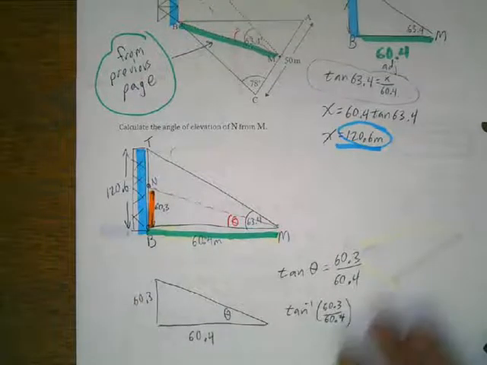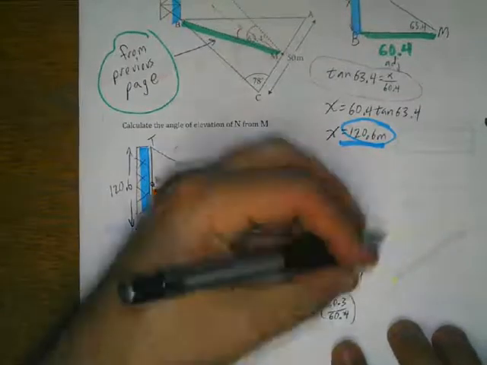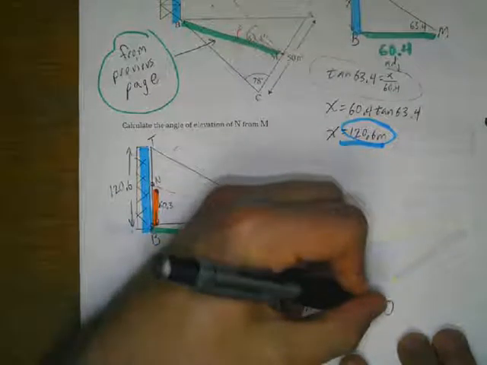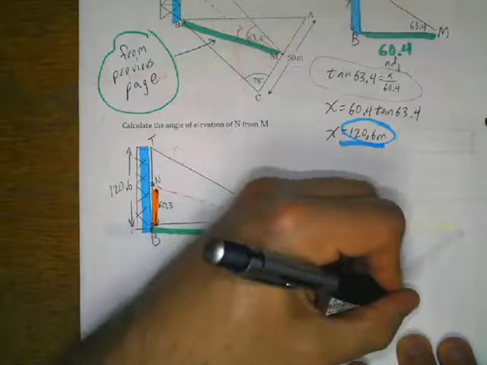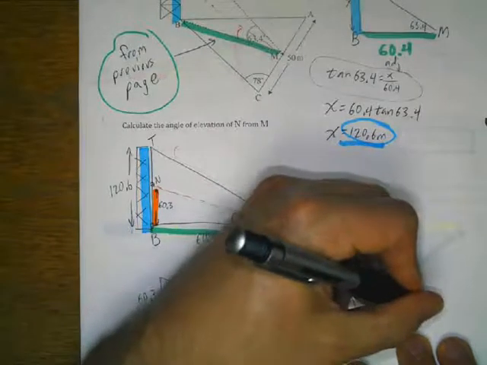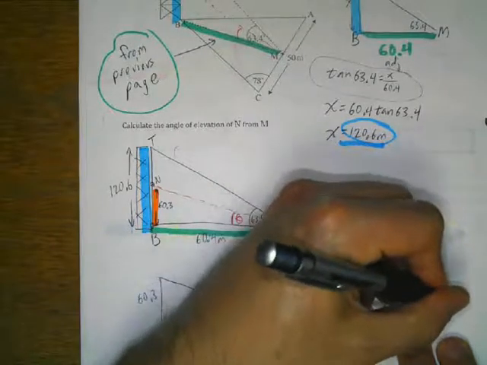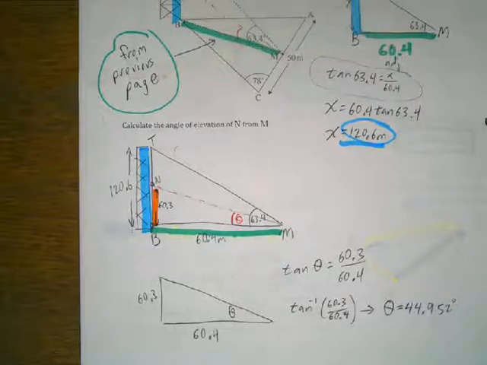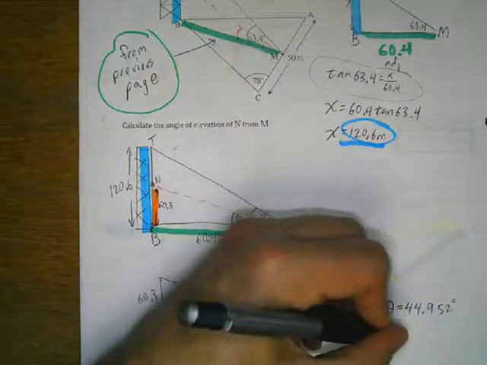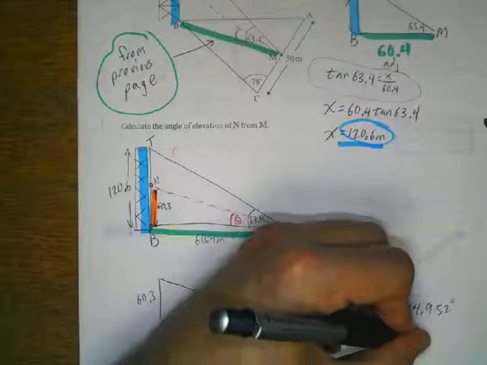So I do the inverse of that to find the angle, and then I end up with the angle is equal to 44.952 degrees. To three significant figures, the angle is going to be 45 degrees.